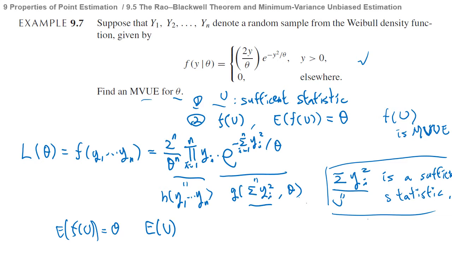Probably we can find the function later. So what is the expected value of u? Then that is the expected value of sum of yi square, and before we calculate this, what is the expected value of yi square? Let's try to solve that first.